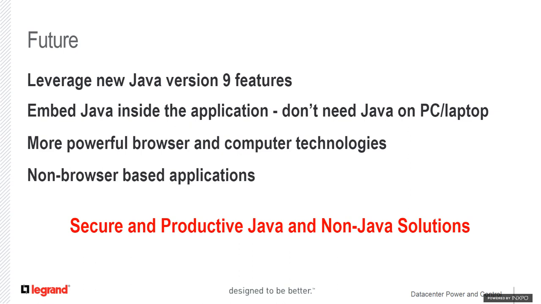There are more powerful browser and computer technologies, right? Technology moves on. The browsers get faster and can run more sophisticated types of applications. CPUs get faster, et cetera. And then we're going to be looking into more non-browser based applications, or at least give customers the ability to choose whether they want to use a browser or not.